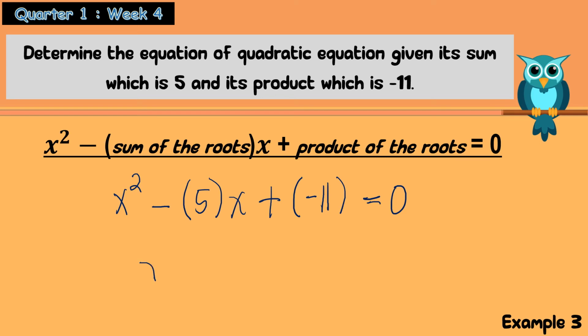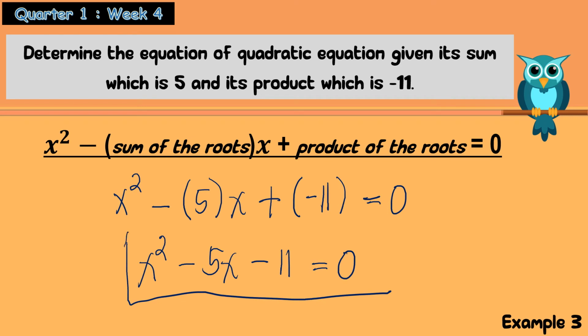So you got here x squared. So negative times positive 5, you got here negative 5x. Then positive times negative 11, so you got here negative 11 equal to 0. Again, this will be the quadratic equation whenever the given sum is positive 5 and a product of the roots, which is negative 11.